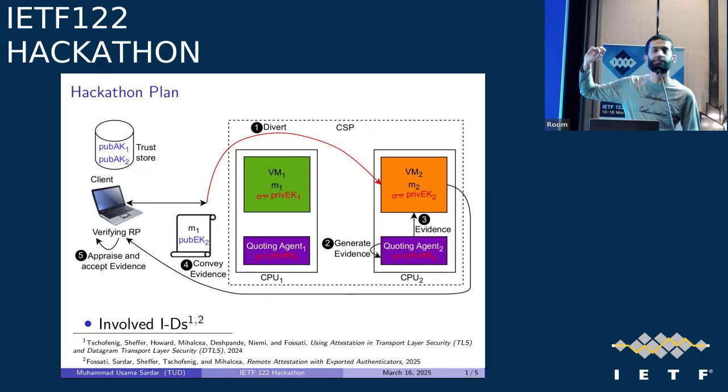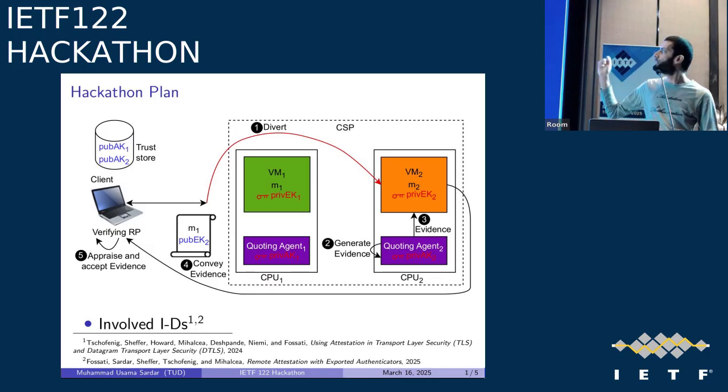What the adversary does is simply redirect the connection to the second machine, which it has already compromised, and with that it can provide the proof of attestation. So the core idea is that after redirection it generates evidence with that compromised key. Step 3, it sends the evidence back to the VM, and step 4, it conveys the evidence not with the measurements of the machine that it has compromised, but with those of machine M1 that the original client wanted.